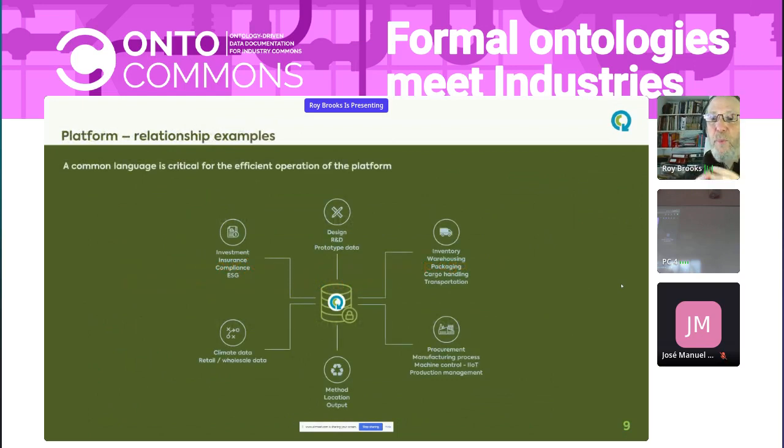If you think in the broadest terms of what I've just described, a platform like Circular is going to have to interact with a vast range of domains, all of which have their own languages, their own ways of approaching their business models, their own ways of handling their data, and so on and so forth.